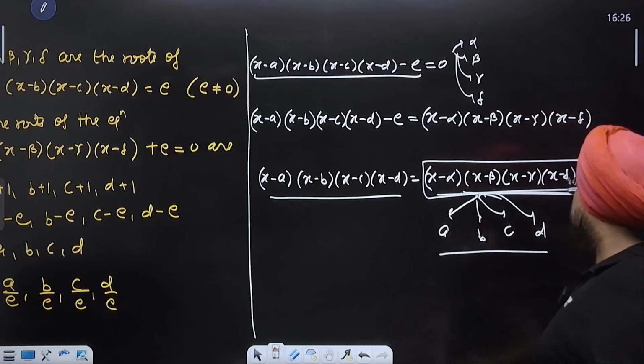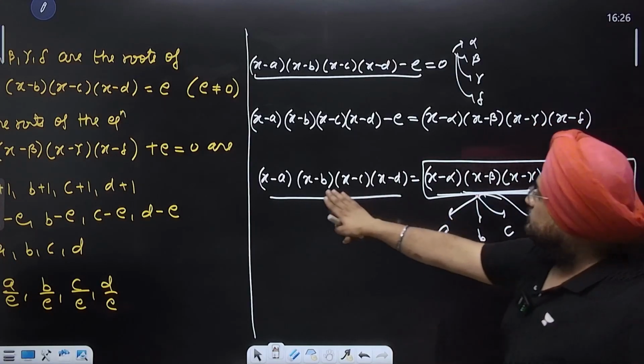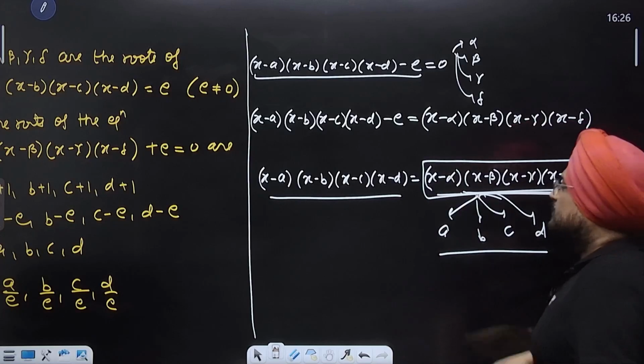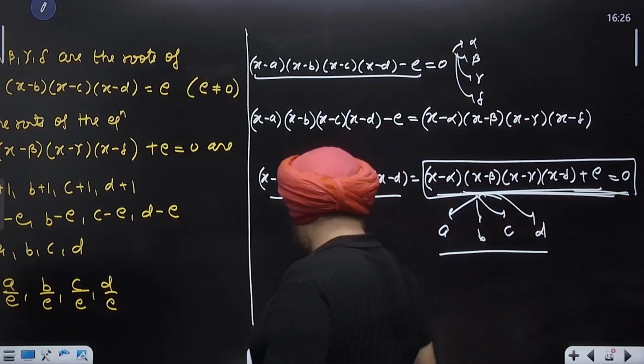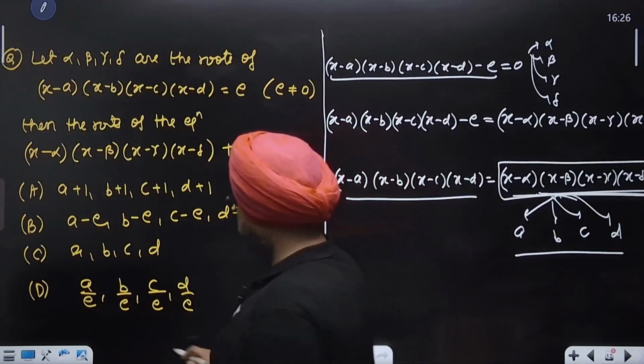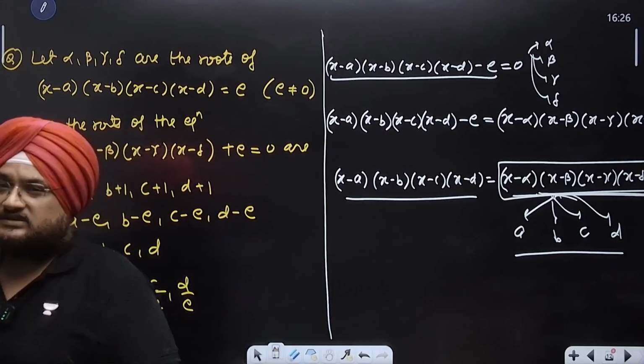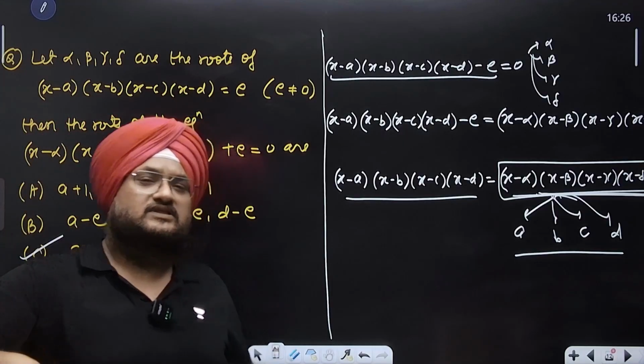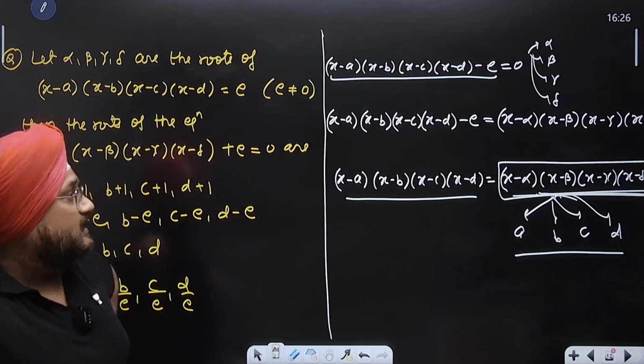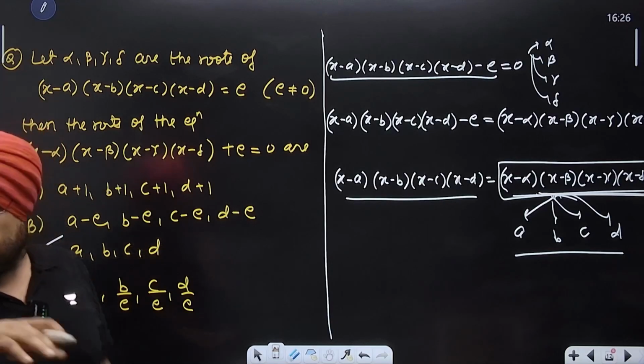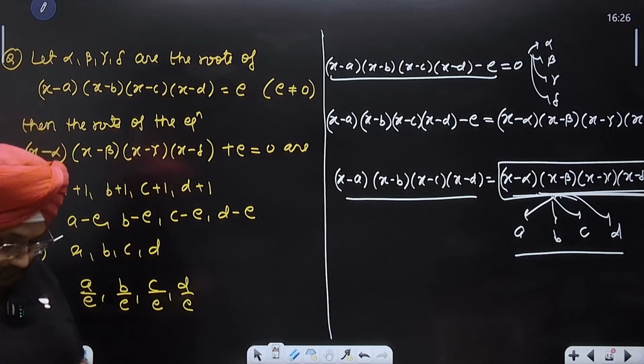This equal to 0, so x equal to a, b, c and d. The correct answer will be option C. Roots of the required equation are a, b, c and d. Is it clear?